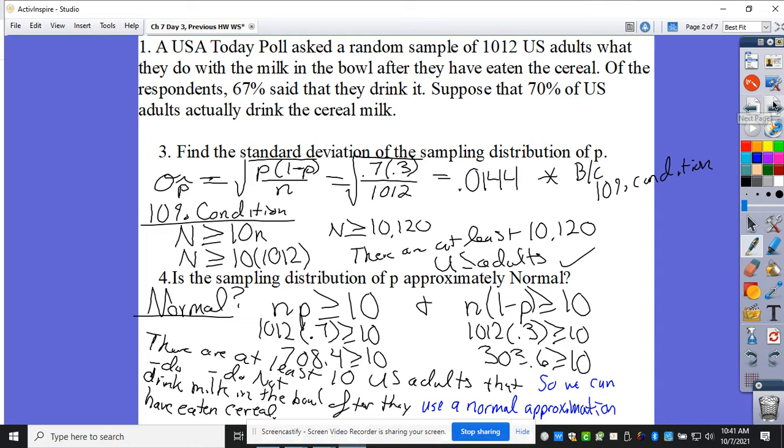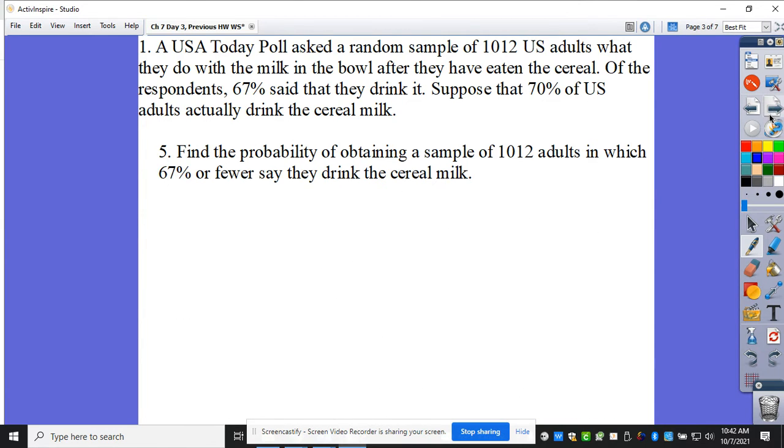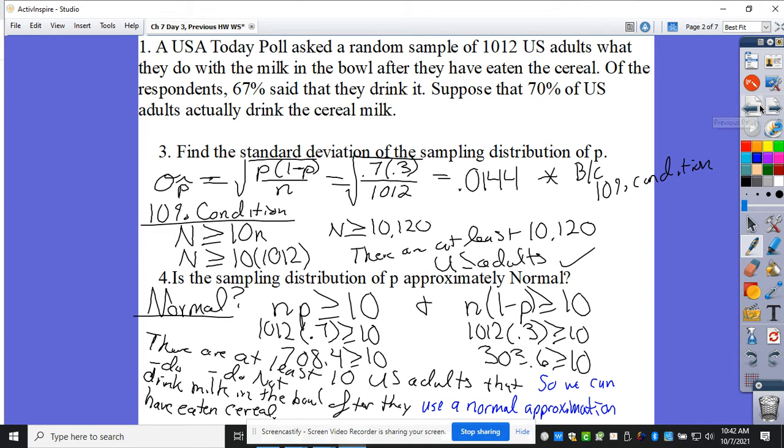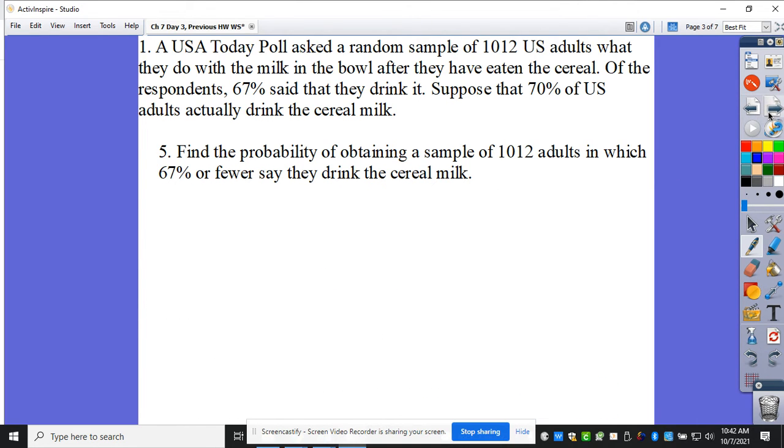We've checked all our conditions, so we've basically gone through state, plan, do. We've done part of do because we've found the mean and standard deviation. So now we're finding P parentheses what? P-hat is less than or equal to 0.67.